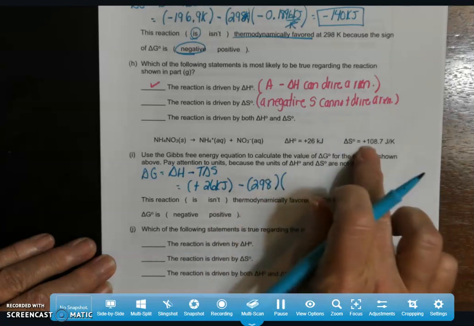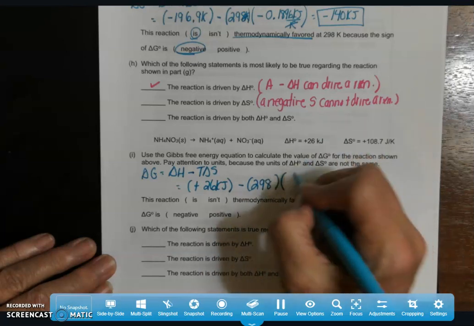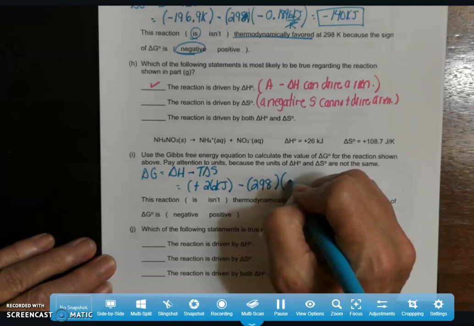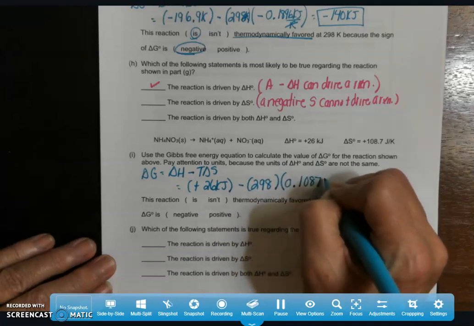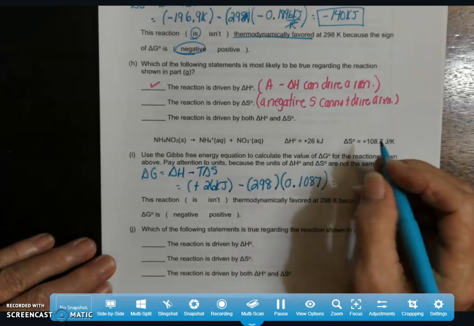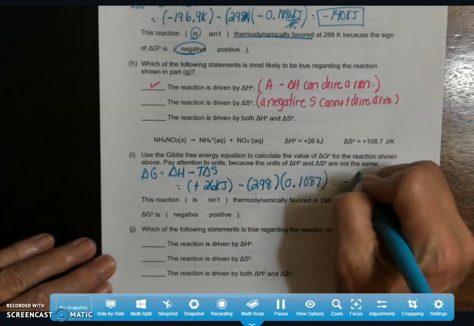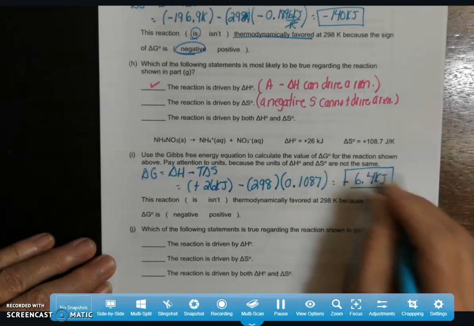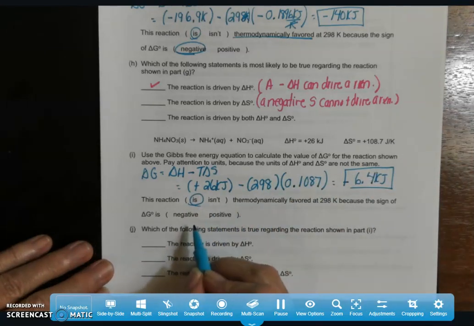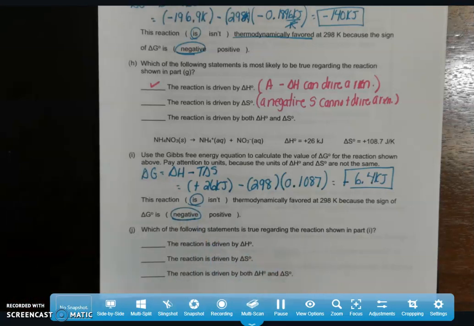Remember, I'm going to take this value, divide it by 1,000, and I get a positive 0.1087. And that turns out to be a negative 6.4 kilojoules. So this is also thermodynamically favored because this is negative.